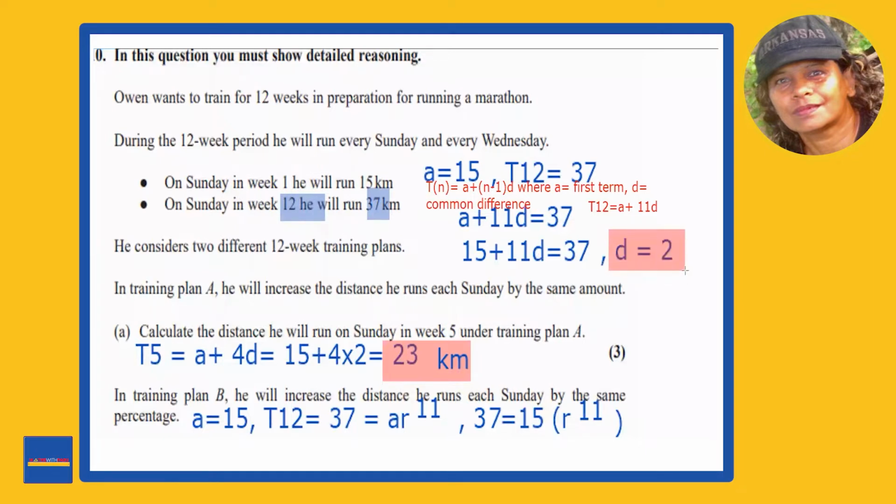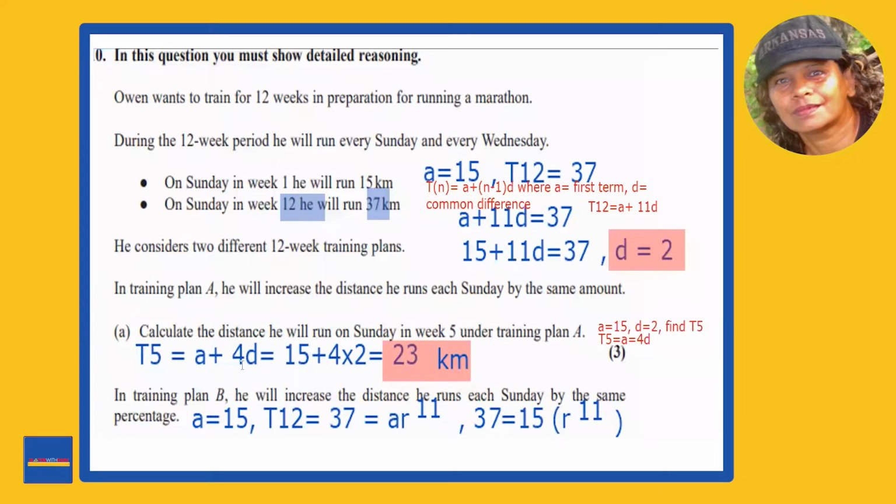They say calculate the distance he will run in week 5. We have that a is equal to 15, and the common difference d is equal to 2. They're asking for T5, the 5th week, and we know from our formula that T5 is equal to a plus 4d.